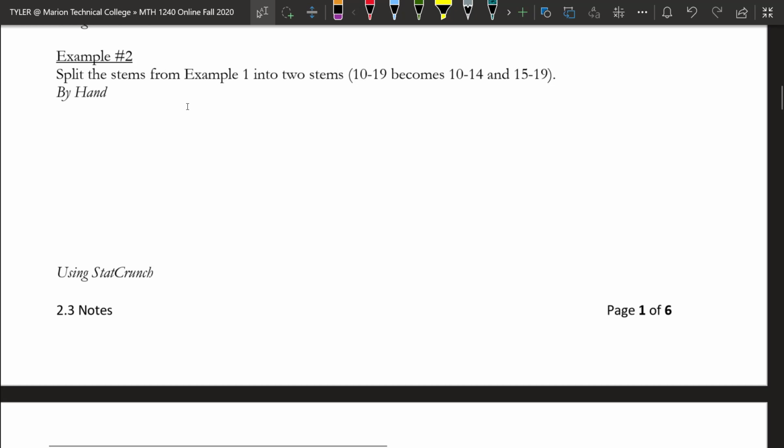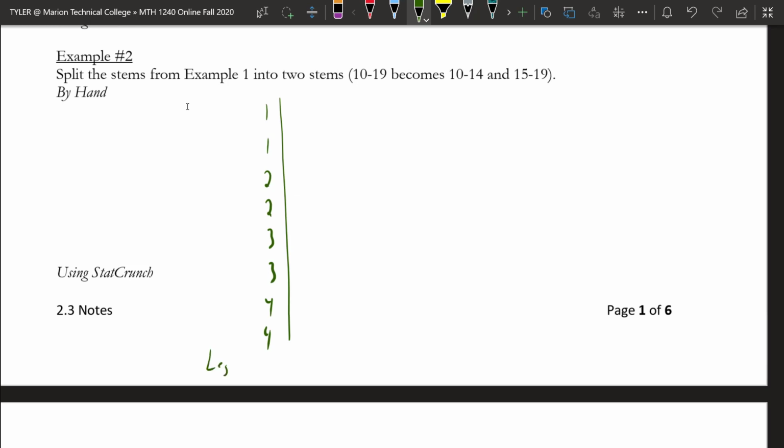With example 2, we're going to construct each stem into two stems. So we'd have two 1s listed, two 2s, two 3s, and two 4s. And then we still need a legend. The legend is that 1 | 1 represents the number 11.